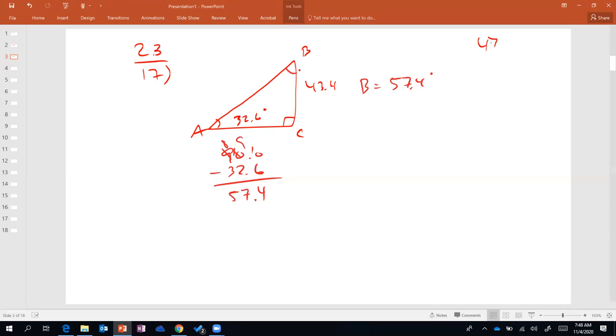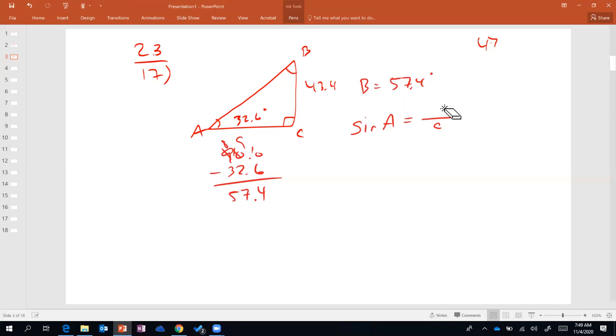Anybody else? I did sine of A, which is 43.4 over little c. And then I'm going to change it up just a little bit here.